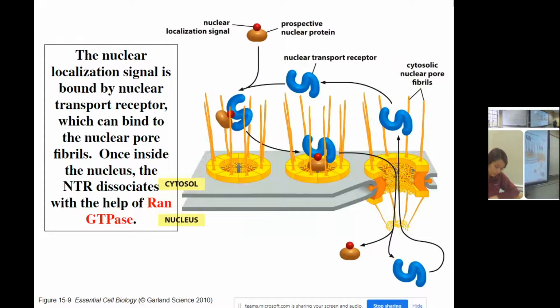So once this combo is inside the nucleus, the combo of the nuclear transport receptor and the nuclear localization signal are going to get forcefully separated. They don't just dissociate, they don't just drift apart, they have to be forcefully separated by this enzyme called RAN GTPase.